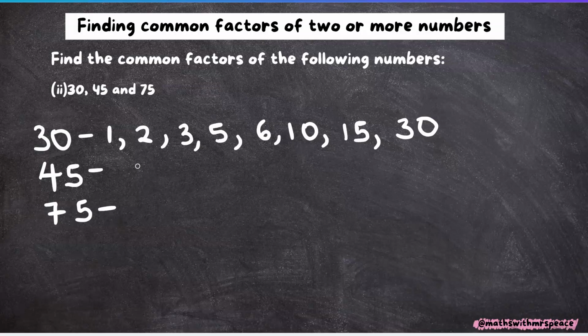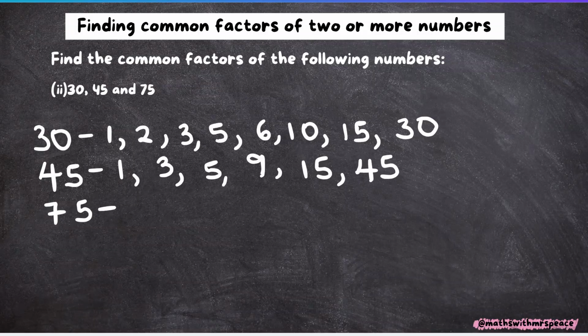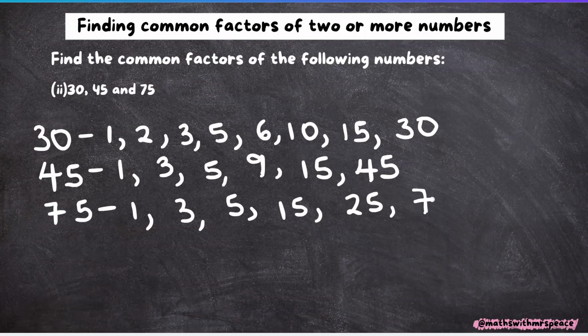For the factors of 45, we'll have 1, 3, 5, 9, 15, and 45. And finally, for the factors of 75, we'll have 1, 3, 5, 15, 25, and 75.